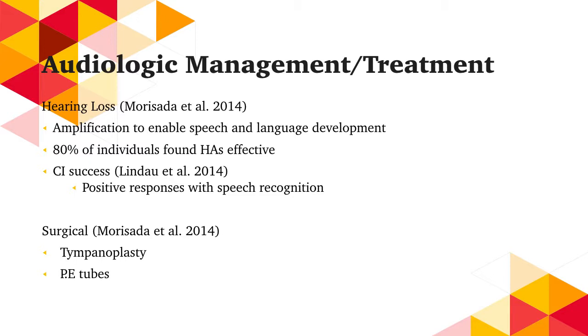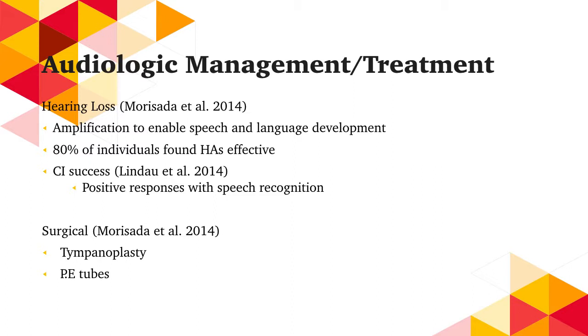That's also something to keep in mind when we are trying to predict cochlear implant success. If we have a patient coming in with BOR who has a severe to profound hearing loss and they're not benefiting from hearing aids, then we make the recommendation for CIs.